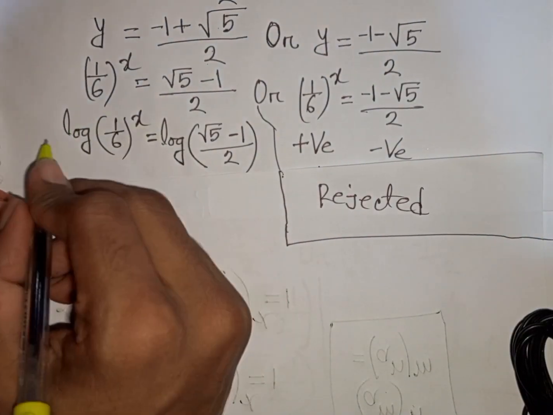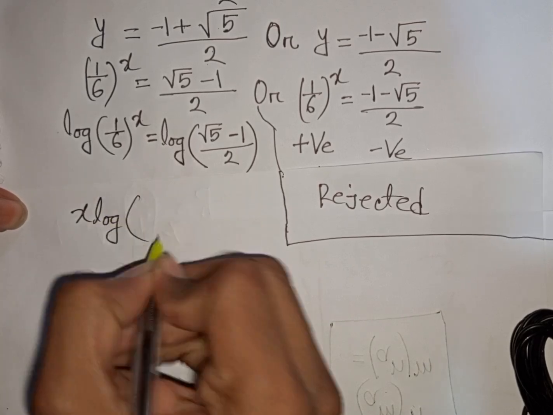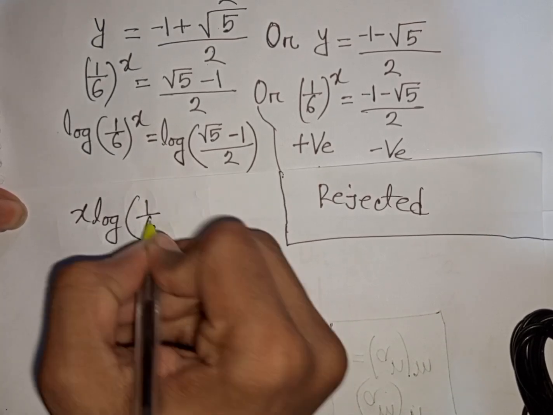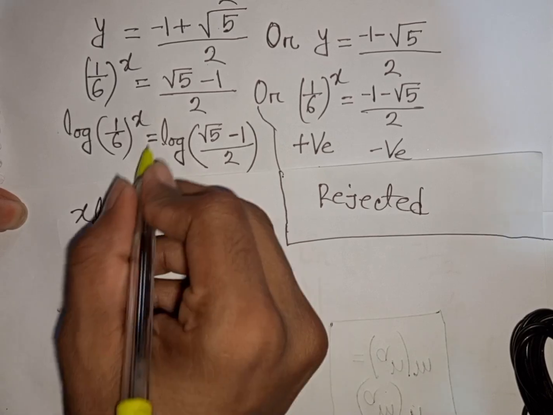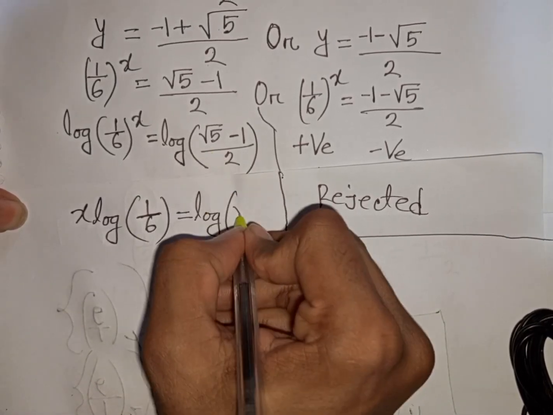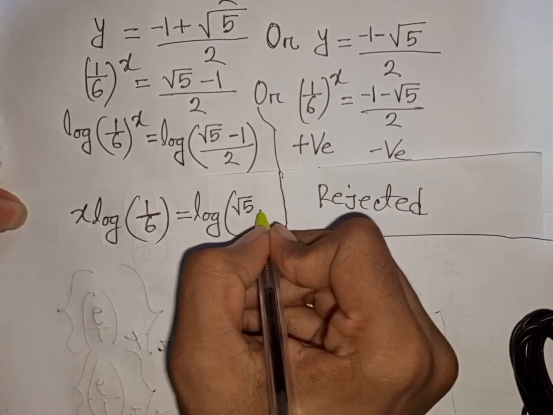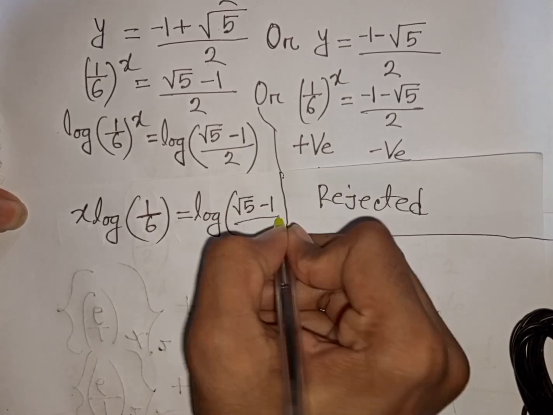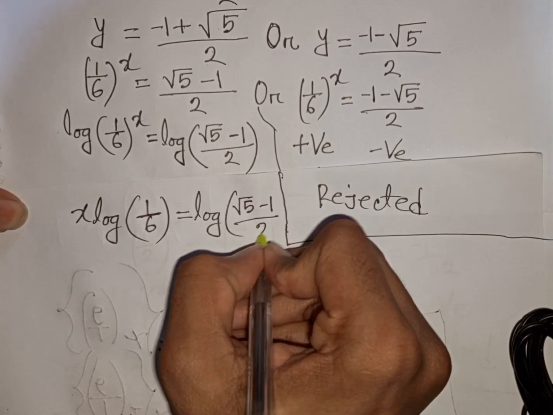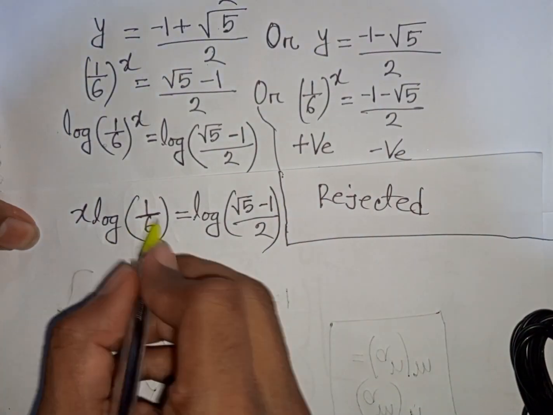Now this power x will move to the front, so you can write x log of 1 by 6 is equal to log of square root of 5 minus 1 divided by 2. Now we need the value of x, so we divide by log of 1 by 6 on both sides.